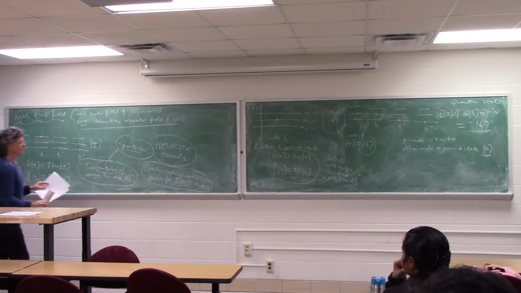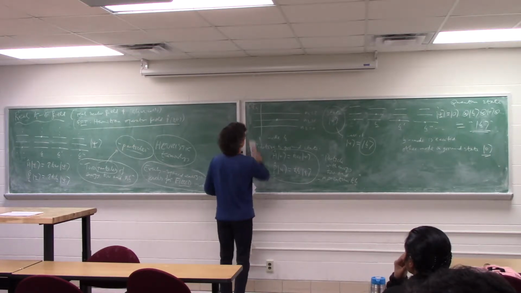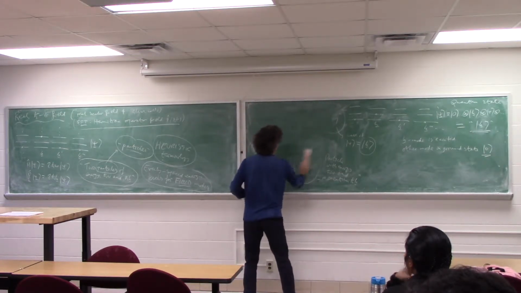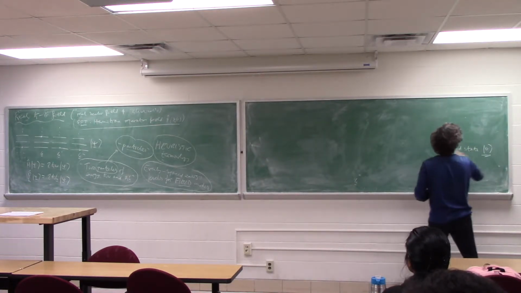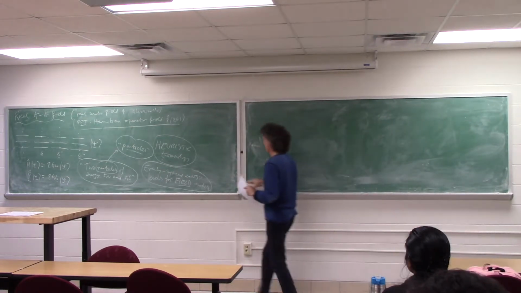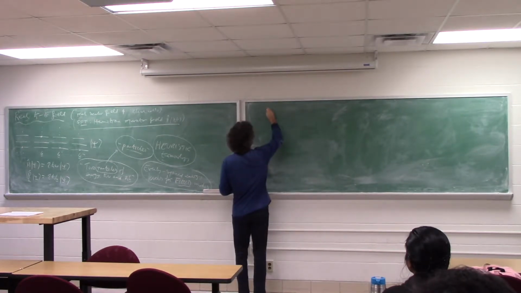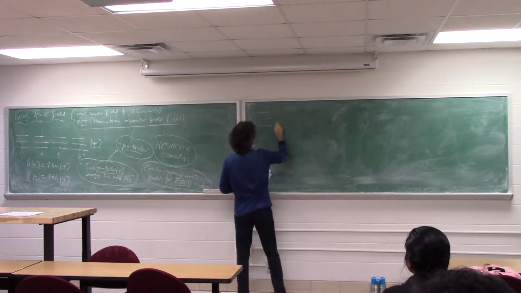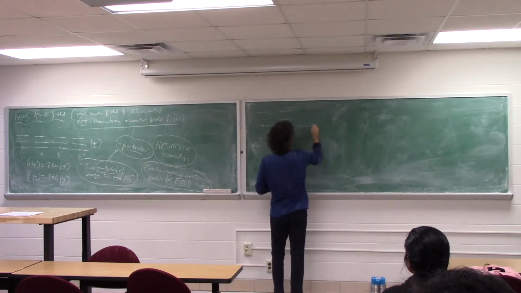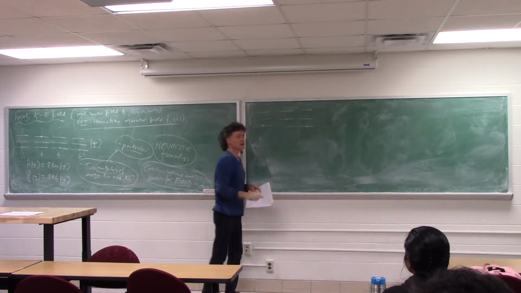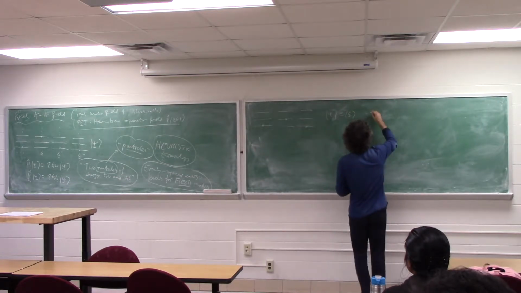Let's also look at the case where I've got two different modes excited. Actually, let me just go back for a second to that case where I had just one mode with one excitation, this state K. Something you might want to note.